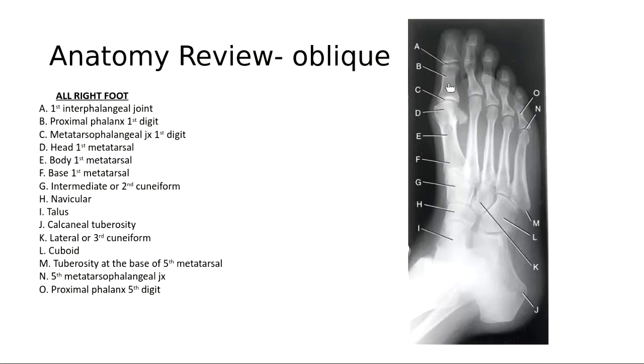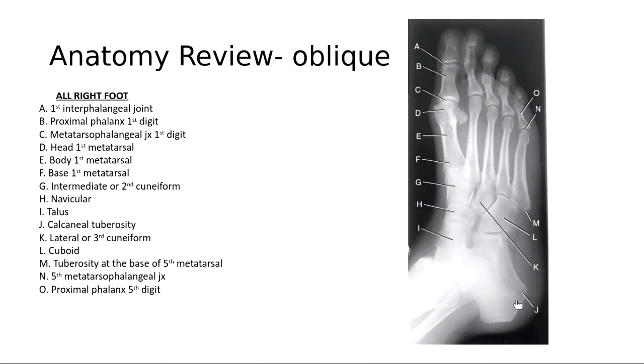Okay, this is the first metatarsal phalangeal joint right here. D is the head of the first metatarsal on the right side. E is the body. F is the base of the first metatarsal. G is the intermediate or second cuneiform. H is the navicular. I is the talus. J is the calcaneal tuberosity.